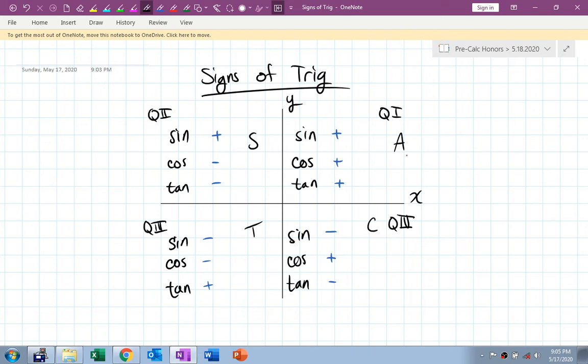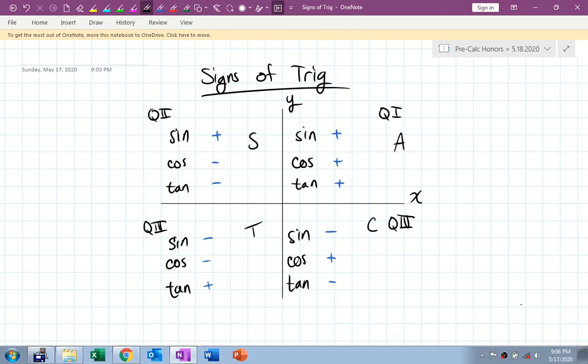And that means in the first quadrant, they're all positive. In the second quadrant, just sine. In the third, just tangent. And the fourth, just cosine. So all students, or all seniors, whatever you want to say, all students take courses, all students take calculus, something like that.